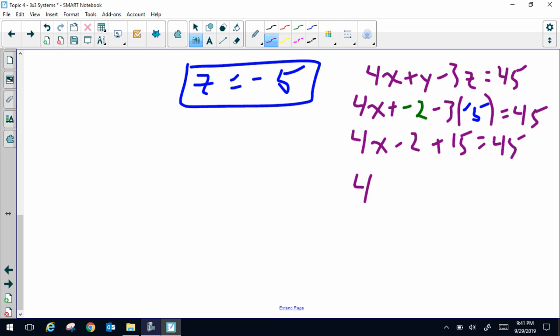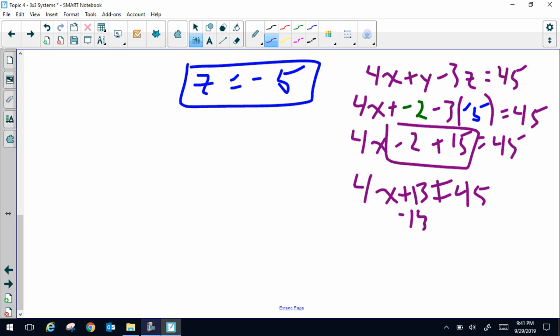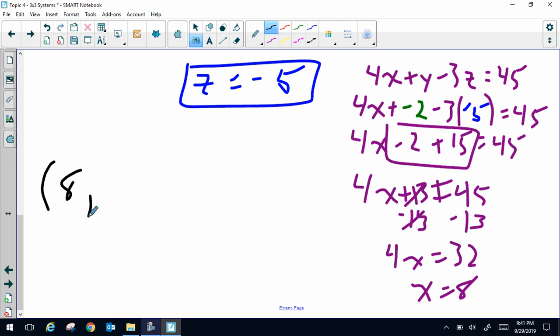So you got 4x, remember combine like terms here, plus 13 equals 45. Subtract the 13 from both sides. So 4x is equal to 32. So x would equal 8. So my final answer would be, remember, 8, negative 2, negative 5.